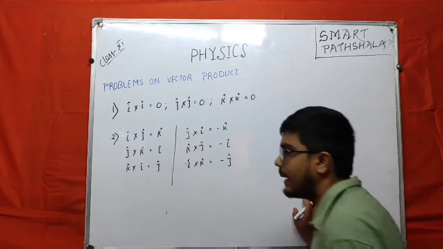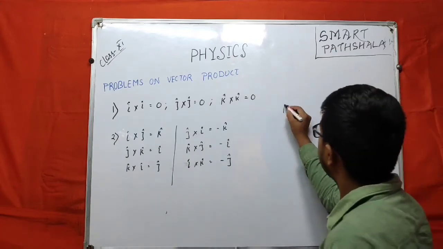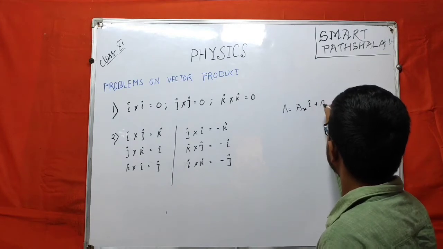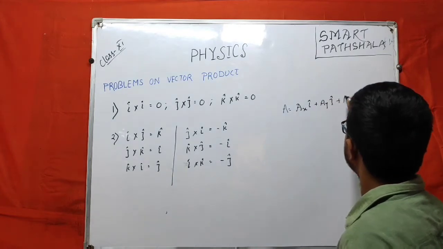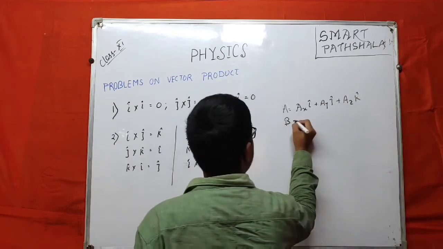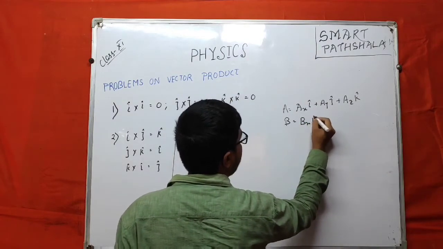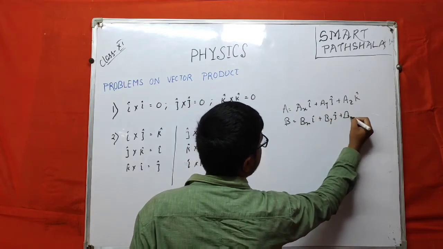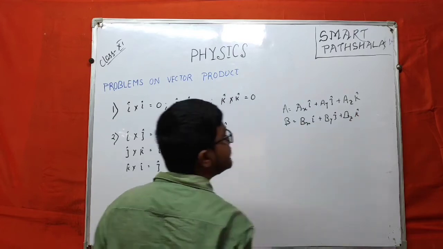Now you will be given two vectors in the form of A equal to AX I cap plus AY J cap plus AZ K cap, and B vector equal to BX I cap plus BY J cap plus BZ K cap.